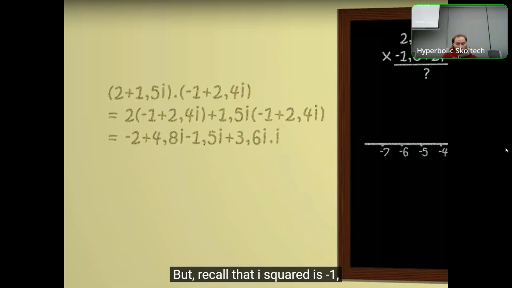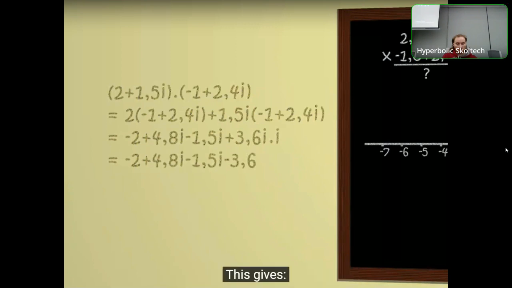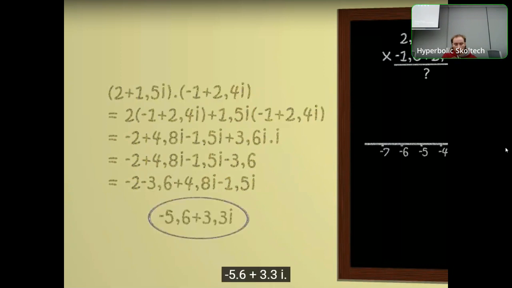But recall that i squared is negative 1, since we invented i for this purpose. This gives us negative 2 minus 3.6, etc. Let's clean up a bit. We find negative 2 minus 3.6 plus 4.8i minus 1.5i. That's negative 5.6 plus 3.3i. There you are. We know how to multiply complex numbers.